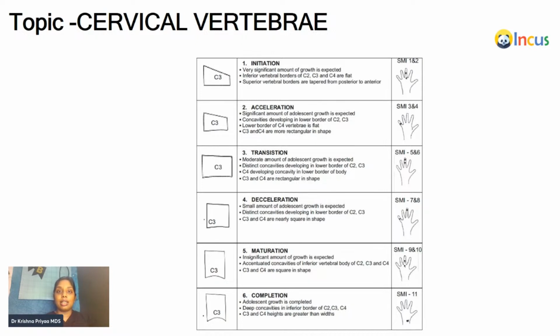So in a condition like that, we can make use of CVMI stage 2, 3, and till 4. In stage 4, usually we use fixed functional appliances, but in CVMI stage 2 and stage 3, we may use mandibular advancement appliances. So using these maturity indicators, we can actually plan the treatment in the long term.